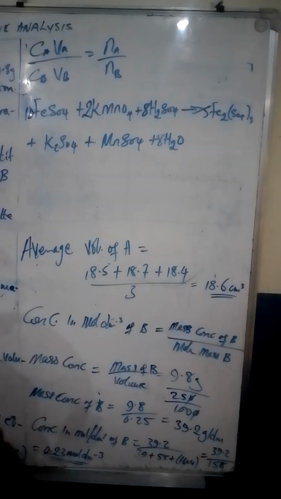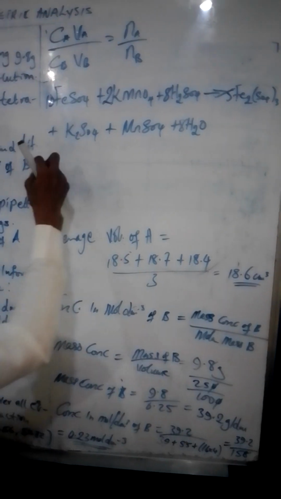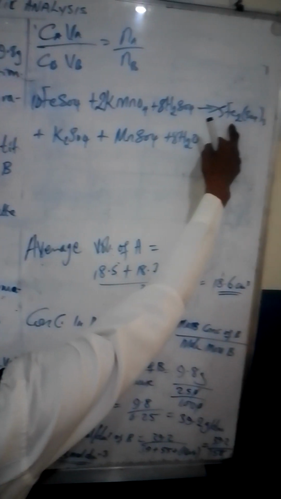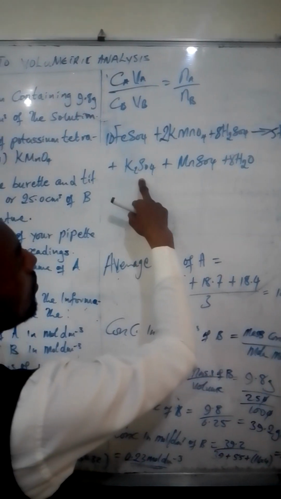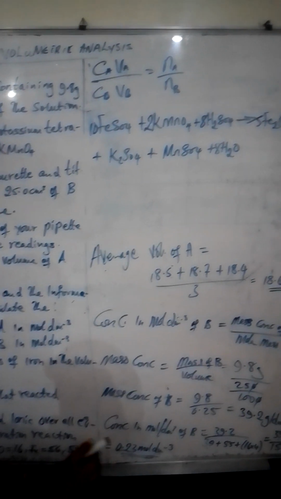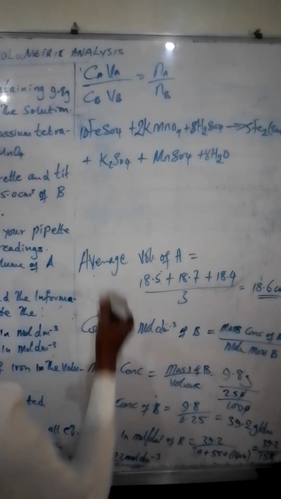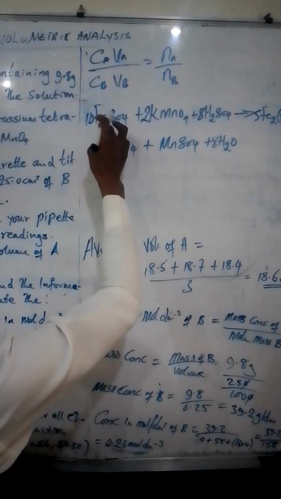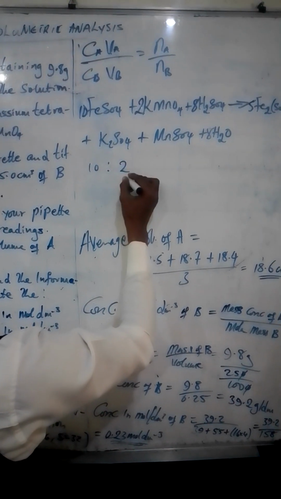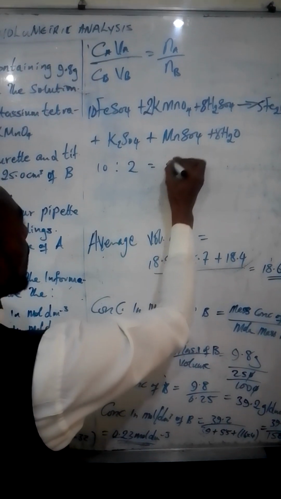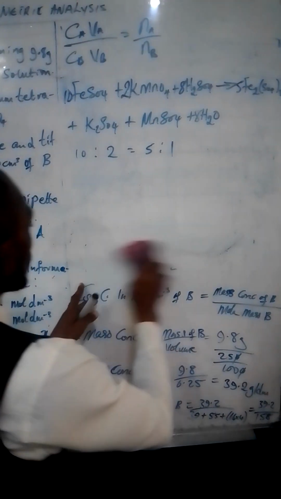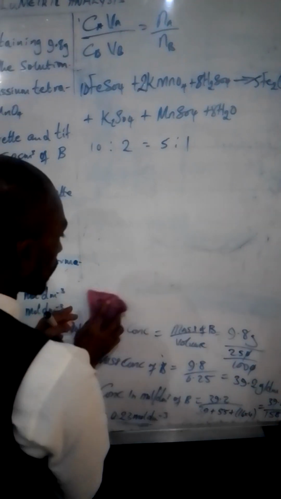Balance the equation now: 10 mole of this, 2 here, 8 here, 5. Then here, there are 2K. Now the equation is balanced. So the ratio of reaction between the permanganate and iron sulfate is 2:10, which is equal to 1:5.